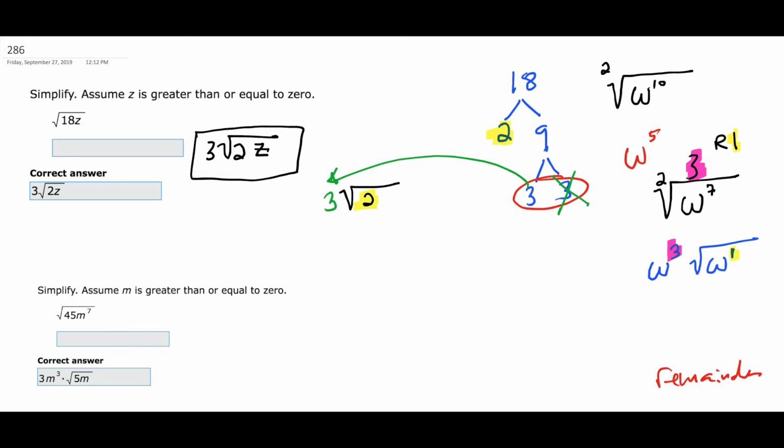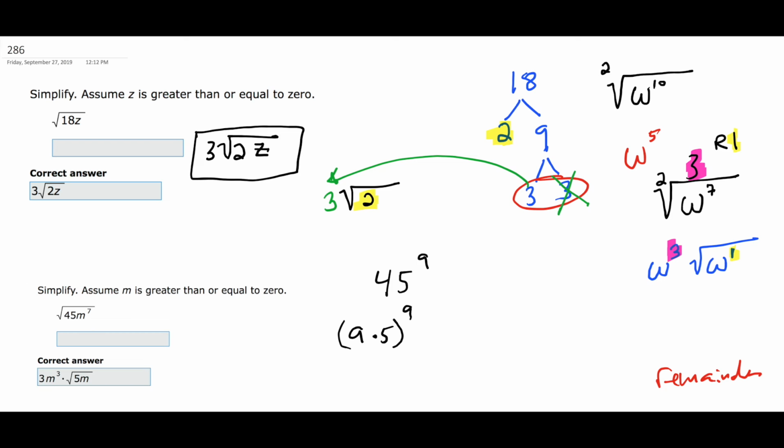Then if you had 45 to the 9th, there are different ways of doing this, but I would do it this way. This is the same thing as 9 times 5 to the 9th, right?